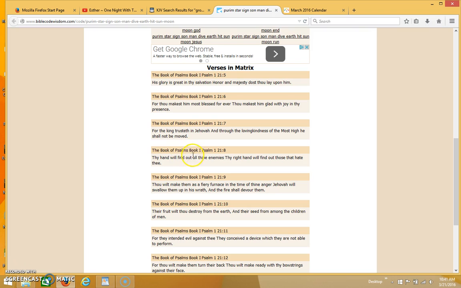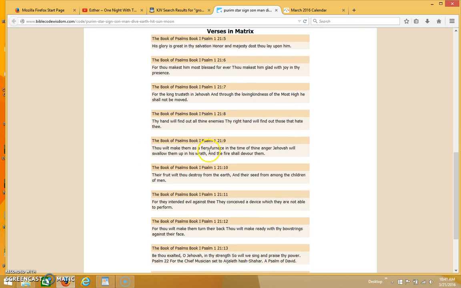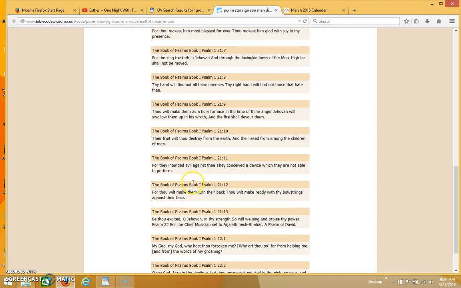Thy hand will find out all thine enemies. Thy right hand will find out those that hate thee. Thou wilt make them as a fiery furnace in the time of thine anger. Jehovah will swallow them up in his wrath, and the fire shall devour them. Their fruit wilt thou destroy from the earth, and their seed from among men, from among the children of men.